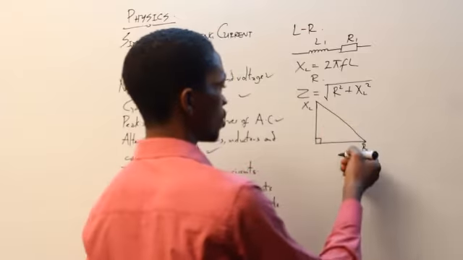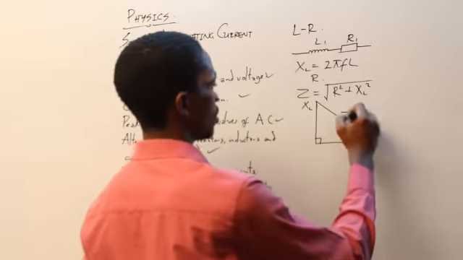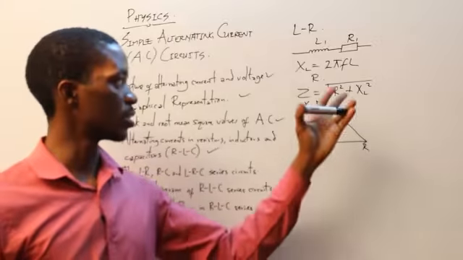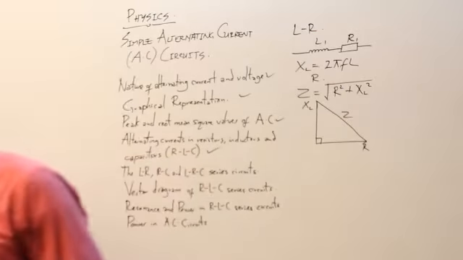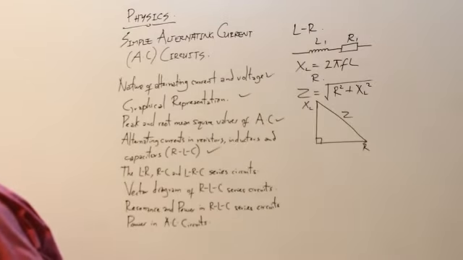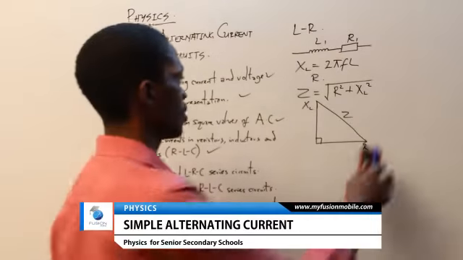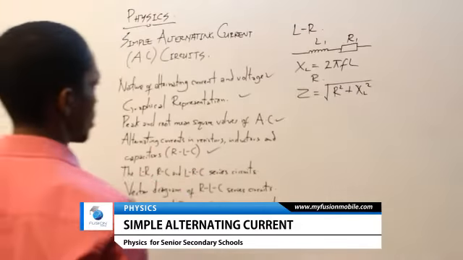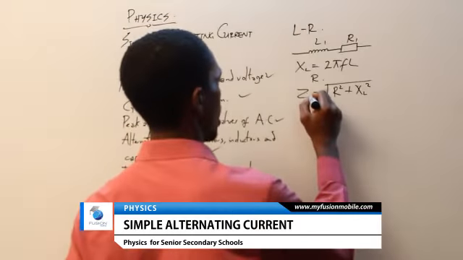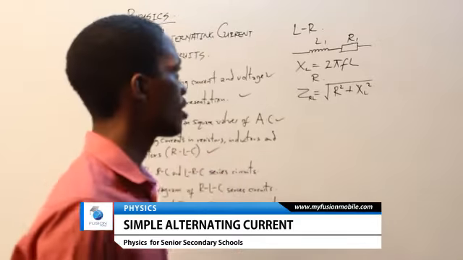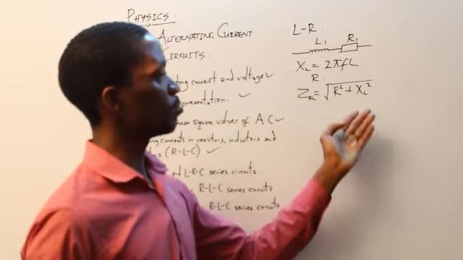This squared plus this squared should give us our Z. That's how we came up with the formula. So you can identify this impedance as ZRL, RL to show that it contains resistance and inductance.